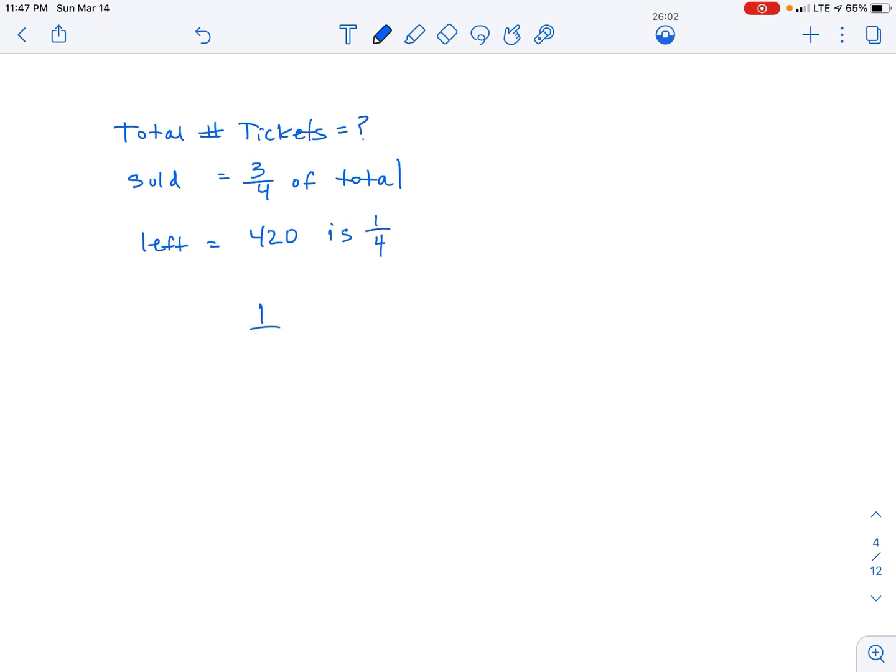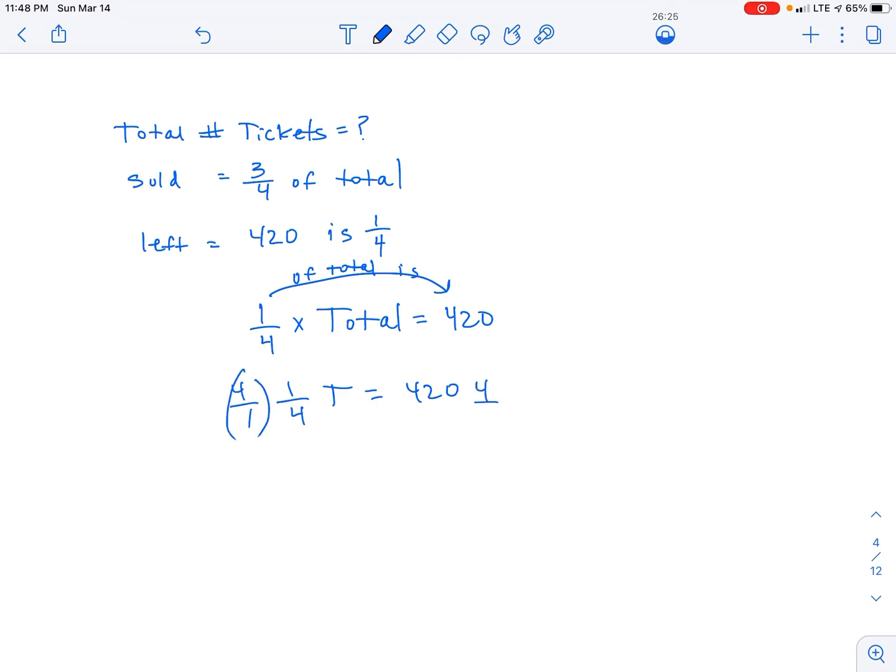So let's write this like this. So 1/4 of the total equals 420. So think about that. I like to do this little arrow here. 1/4 of the total is 420. So let's just rename total with a T to give it just a variable. We're going to multiply by its reciprocal on both sides.